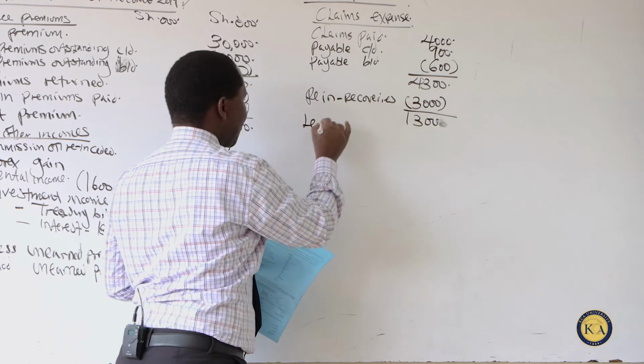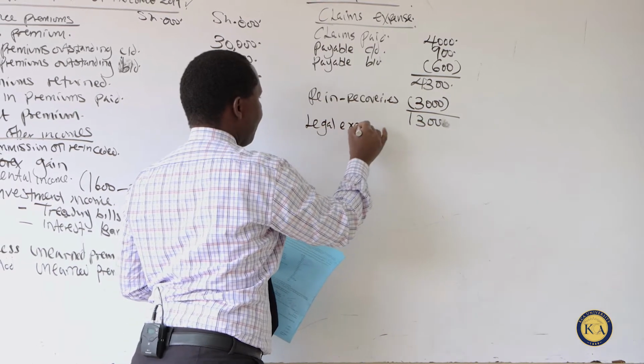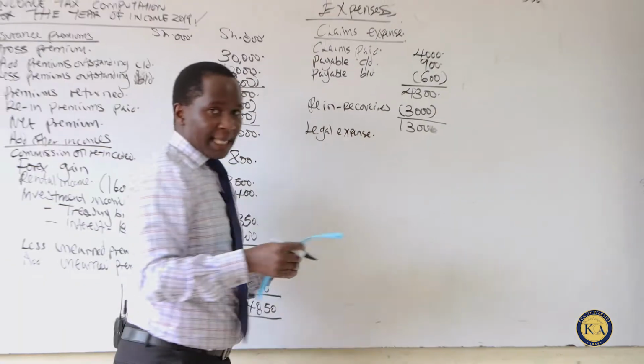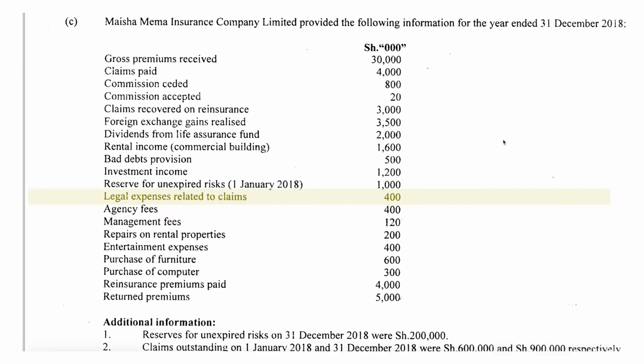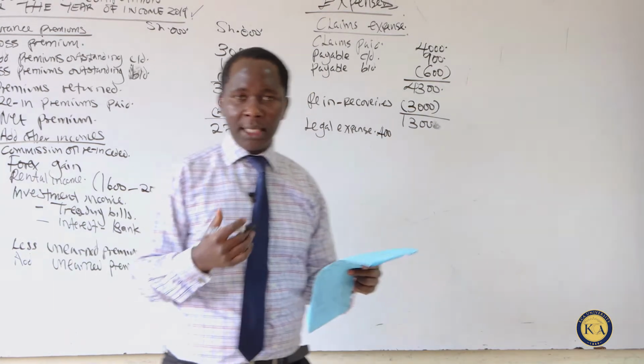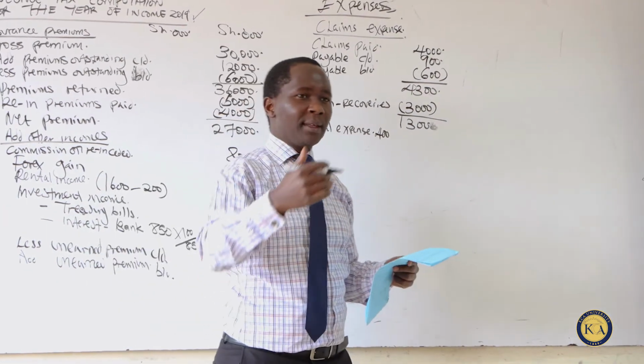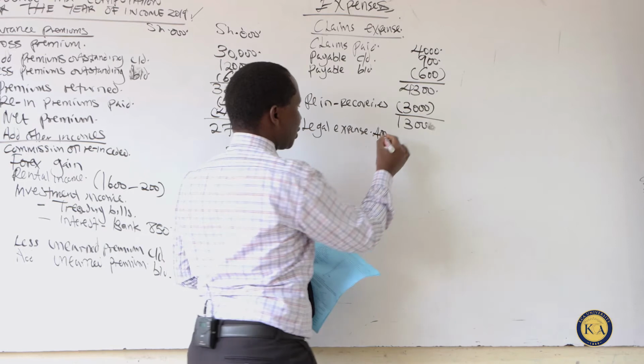Then there is legal expense. The examiner is clear that this legal expense relates to insurance claims, and the legal expense is actually 400, but we go down there and see there's a tax dispute being settled. Expenses in connection with payment of taxes are not allowable.